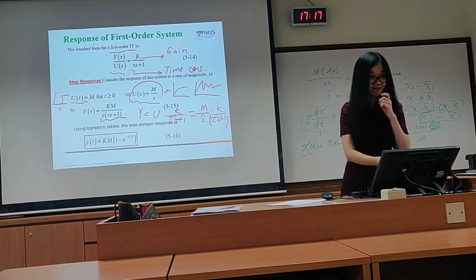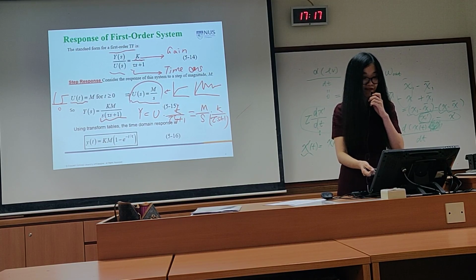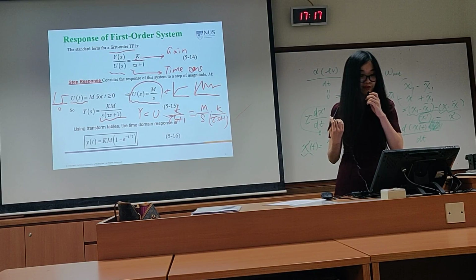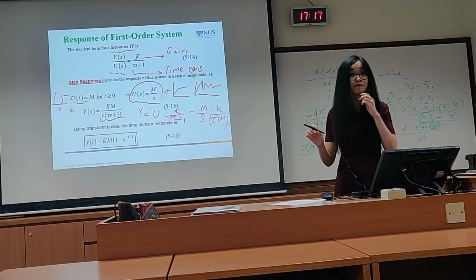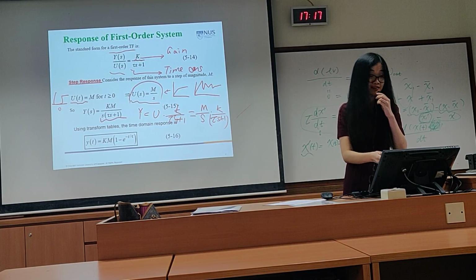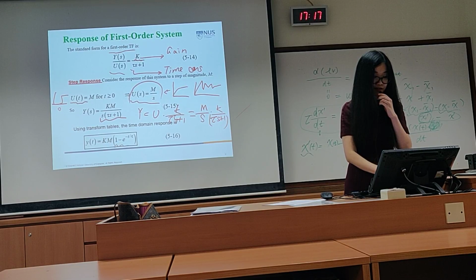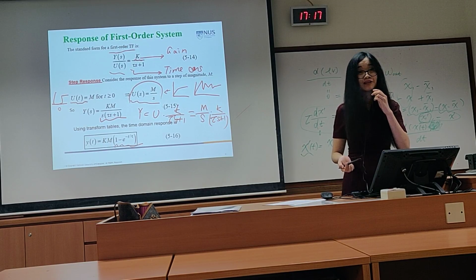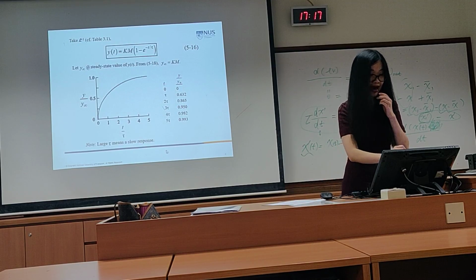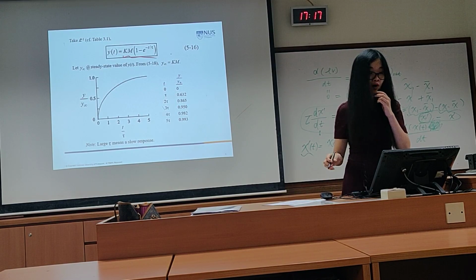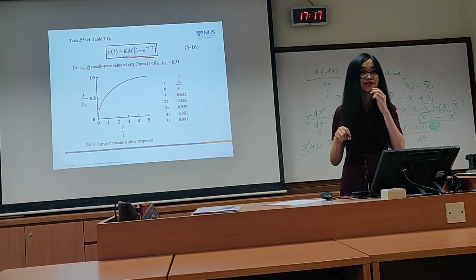Right? So this format is in the Laplace domain. If we want to get the time domain response, we can go back to our table to find the corresponding format. And we found that it transforms to the time domain as y(t) equals KM multiplied by 1 minus e to the exponent minus t over tau.